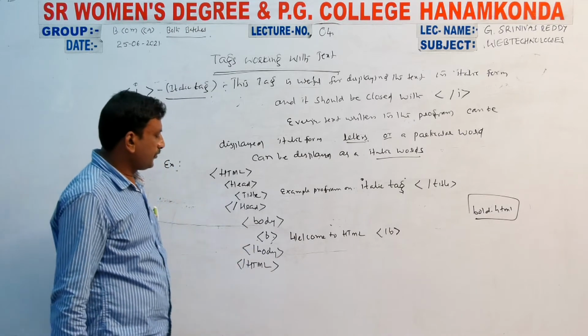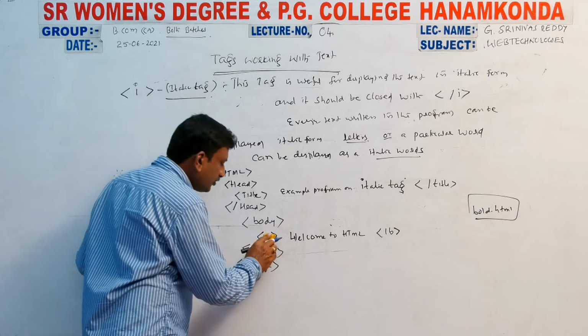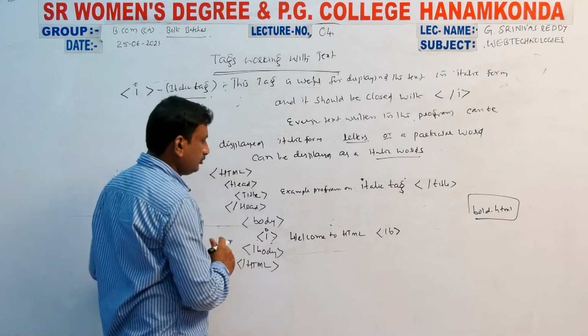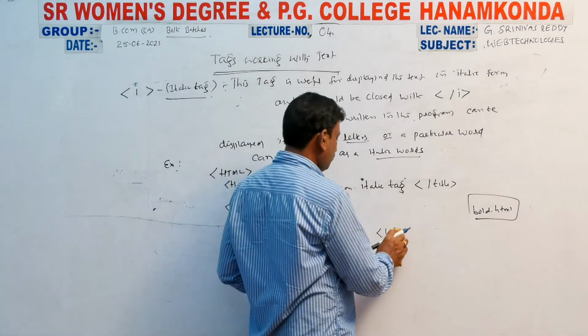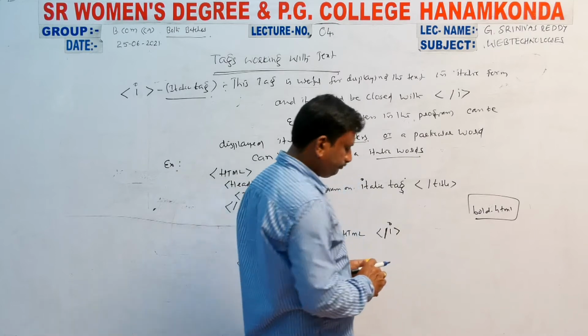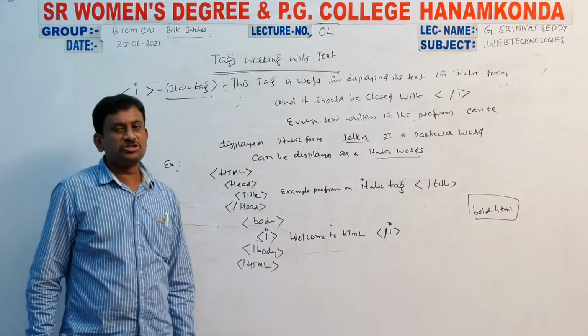Next, body. Instead of using B, you can write I here, then backslash I to close, then body close. I means welcome to HTML.